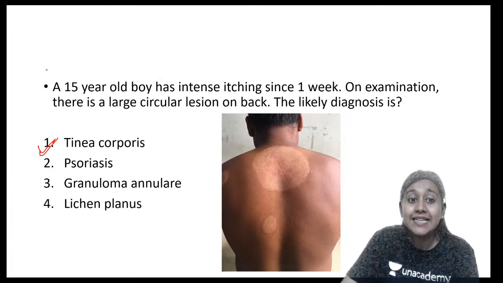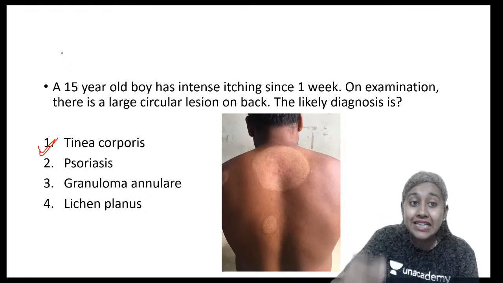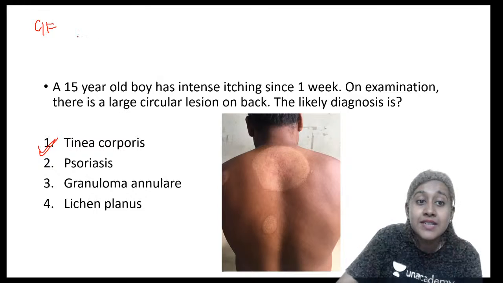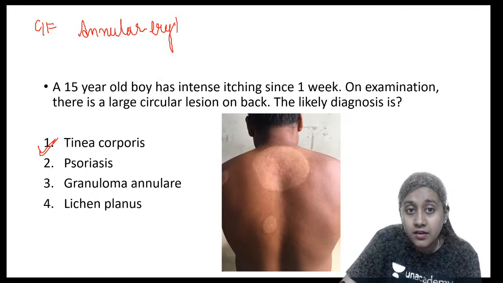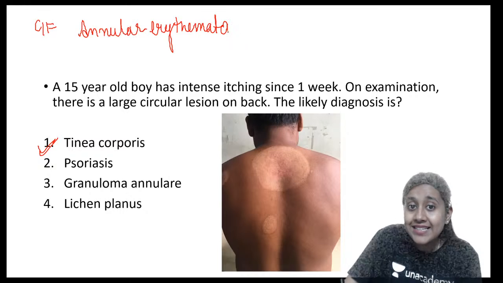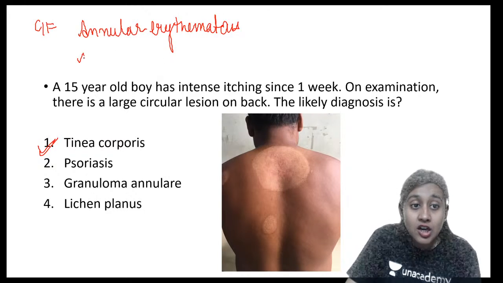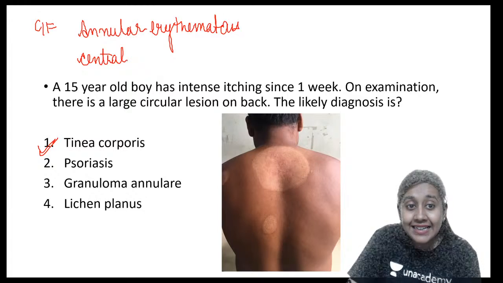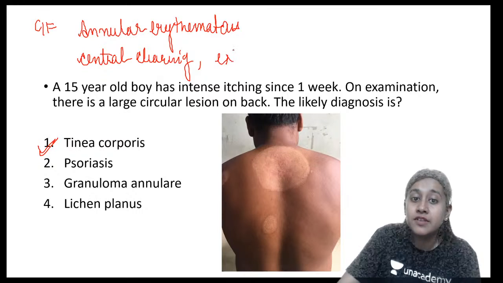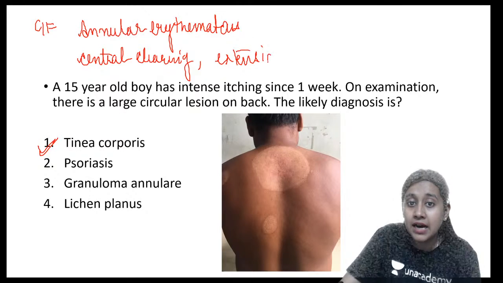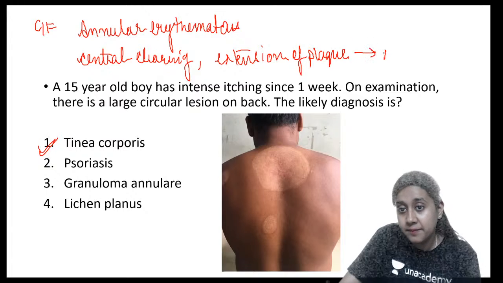Now what is tinea? It is a superficial dermatophytic infection of the stratum corneum. The classical clinical feature is you will see an annular erythematous plaque. Now why is it annular? Because the consistency of the center is different from that of the periphery. You will have central clearing here and you will see extension of the plaque in the periphery.